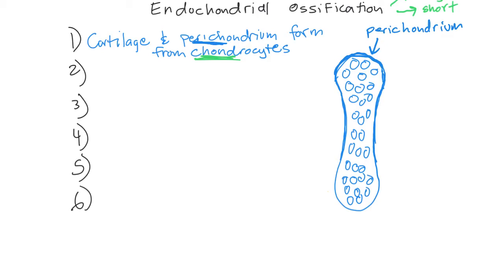Our next step is a bony collar forming. Our first appearance of bone is at the bony collar.